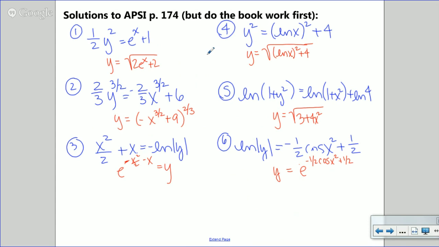So the blue is what you get right before you solve for y, and then the red is your final answer. So you can kind of check before you get to your final answer to give you just some checkpoints there. All right, so this is your APSI, page 174, but go ahead and do the bookwork first.